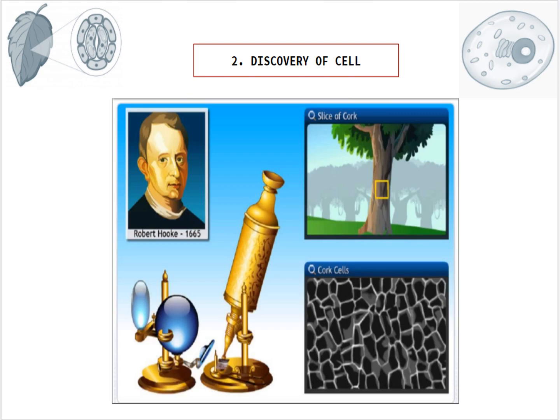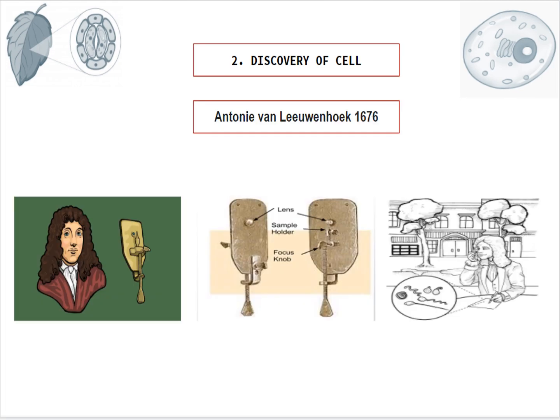So Robert Hooke was able to see the dead cells first of all with the help of a simple microscope. Afterwards, another famous scientist, Anton van Leeuwenhoek, was the person to see a living cell in his microscope. The microscope was a compound microscope, and he was able to see a living cell clearly.